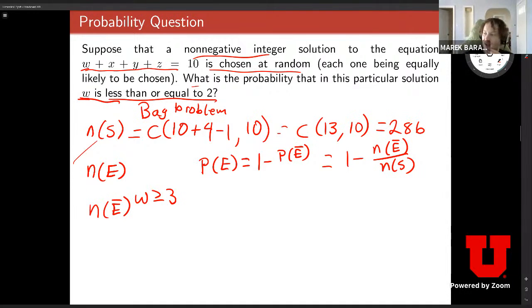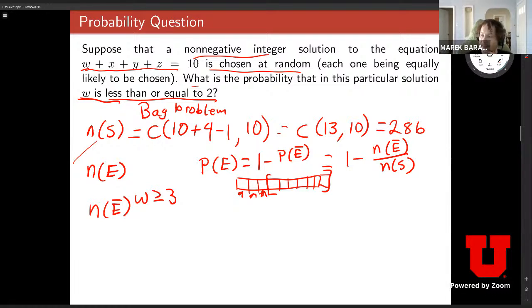So what we can do is we can say, okay, we have 10 slots. And we say that w is taking up at least 3 of these slots. Then we're going to put w, x, y, z over the remaining 7 here.